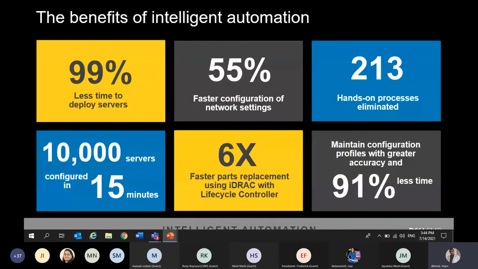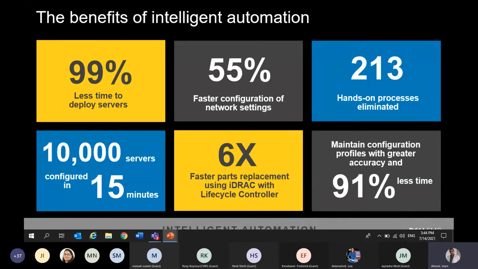Why is that important? Because of all these numbers you can see. 99% less time to deploy your server with OpenManage, iDRAC, and the Lifecycle Controller, with zero-touch auto configuration. This is a lot of money, by the way.